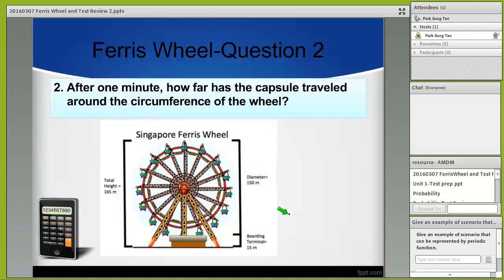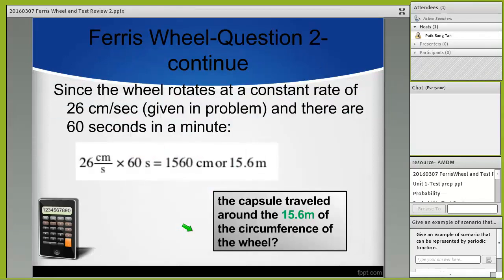Okay, let's say after 1 minute the capsule got here, right? We want to know how far it is from the ground. We are going to be able to figure it out. Let's say this is a capsule using a right triangle that I'm going to show you on the next page.